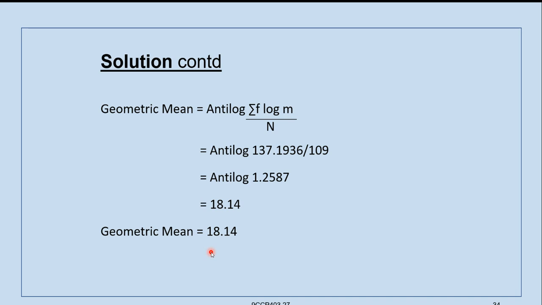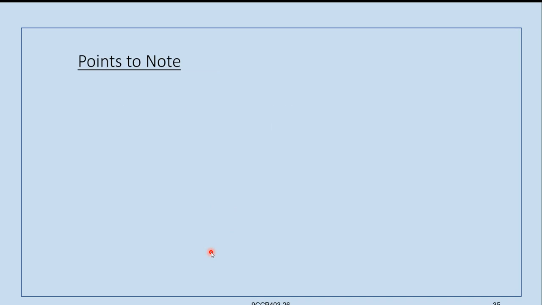We add the f log x of all the series. Then sigma f log x by n, and the antilog of that number gives the geometric mean. In continuous series also, first we take the class interval in the first column, and in the second column we take midpoints.